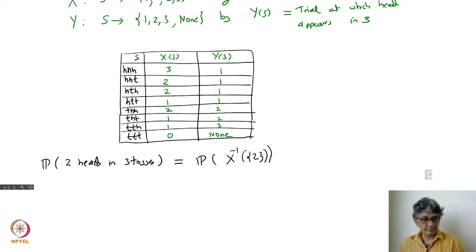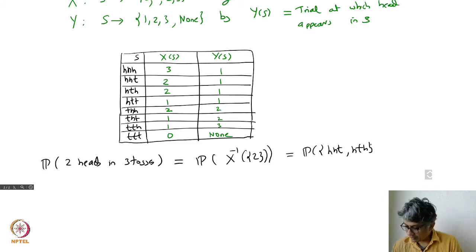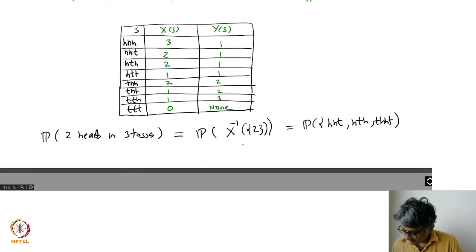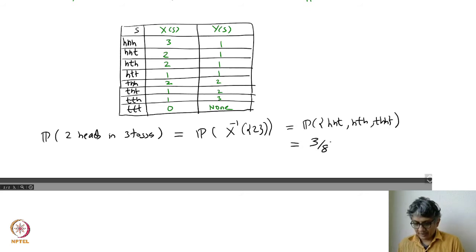If you look at the table, it's just the probability of the event, let's say, HHT, HTH, and then one more, THH. And if you do this calculation properly, it's going to be 3 by 8, and that's the answer. So I didn't have to do it this way, but I could use my x to get the answer.